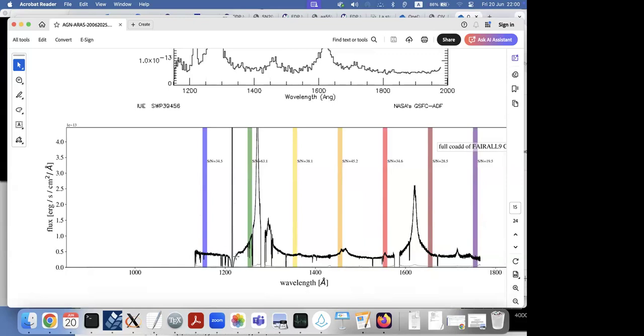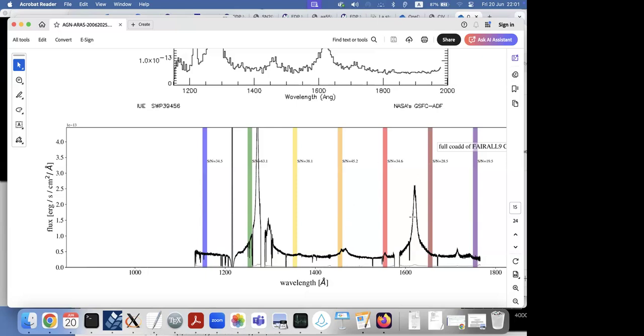Excuse me, the geocoronal line has been removed, and if it makes this really dramatic, the wing here of the carbon-4 line is about 60 angstroms, which means that it's about 15,000 kilometers per second full width zero intensity.